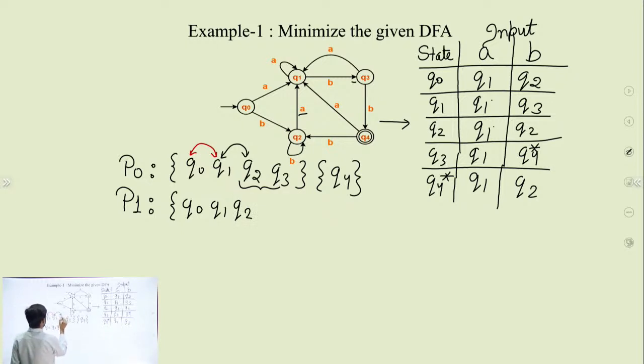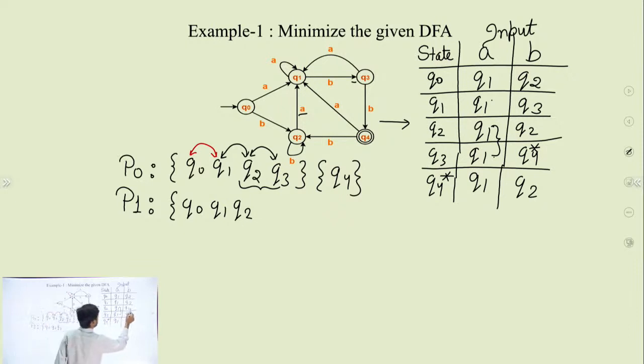Now compare Q2 and Q3. Since Q1 and Q2 are in the same set, you can compare with any one of them. They go to the same states, so they are in the same set.